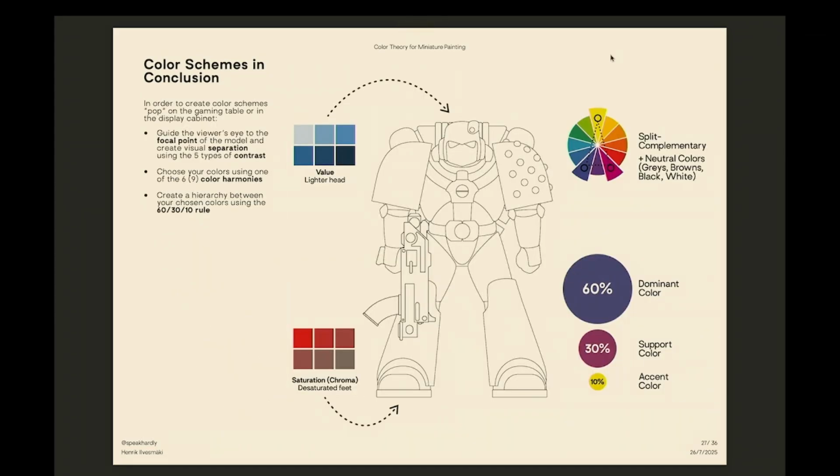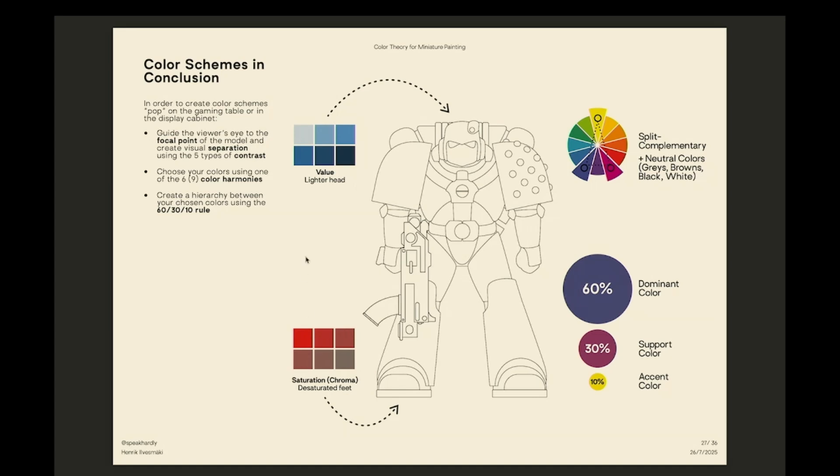Now, to conclude this section, we'll finish off by explaining how to use this in practice. Here you see an image of a space marine, and the idea is basically to tell you how you would paint this. So, going from what we learned before, we could choose a number of contrast types. For example, we can have value, and we can have saturation on the bottom here.